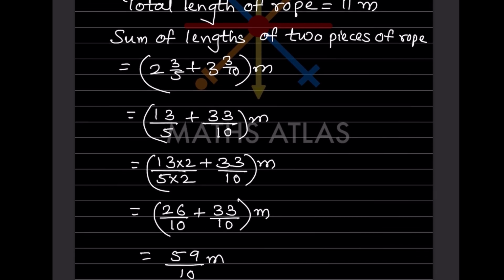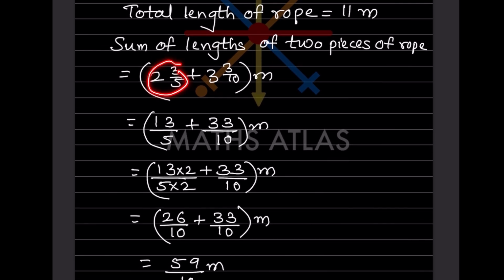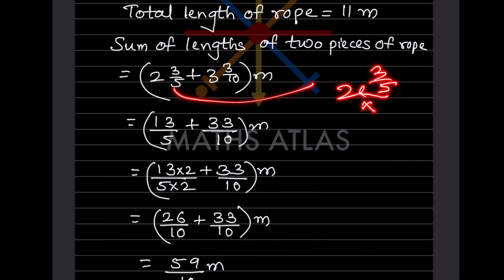Because this is in a mixed fraction, let us make it improper. You know how to make it improper. Two integers 3 by 5: you always multiply this into this, so you get 10, and this 10 you add to 3, so this is going to be 13. The denominator you keep the same, so that will be 13 by 5.